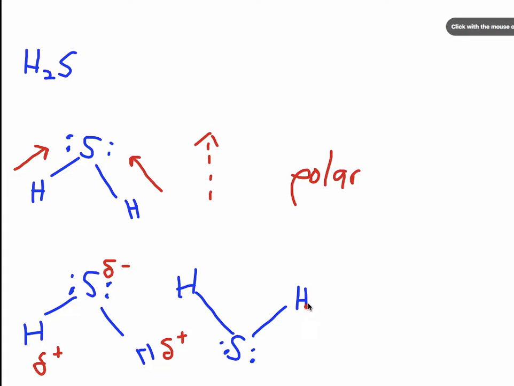And this is going to be a partially positive. This is going to be a partially positive. And this is going to be partially negative. And we have this force right here. We call that an intermolecular force. Okay? That's the intermolecular force. That's the force that's holding them together.